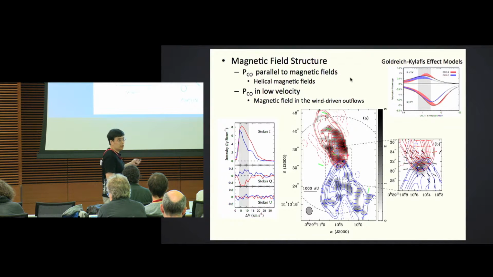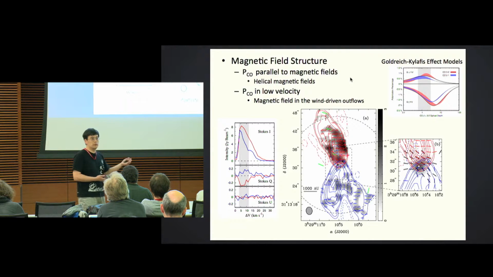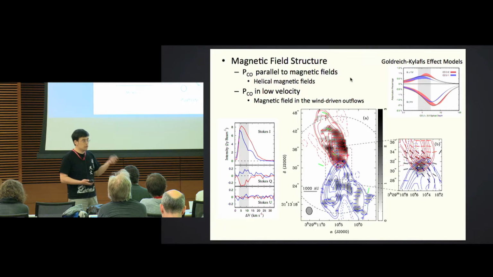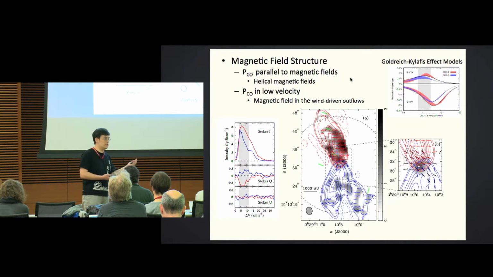So from this we can tell that the magnetic field inferred from CO polarization is parallel to the magnetic field inferred from dust polarization. The other way is we also run the Girart Zhang fast model to predict the CO polarization emission.